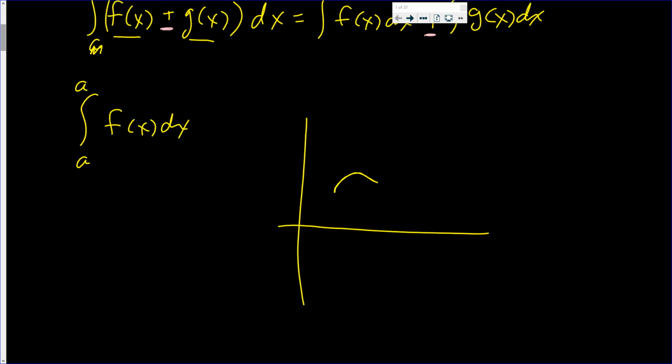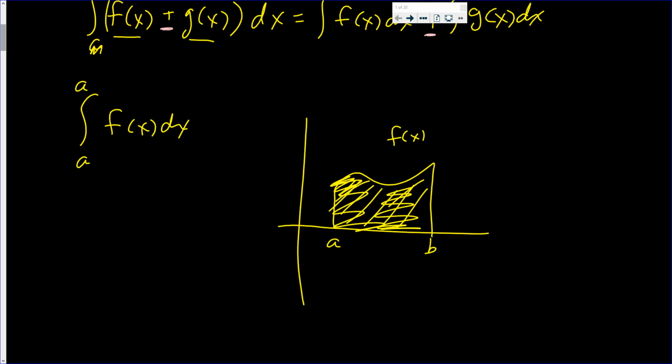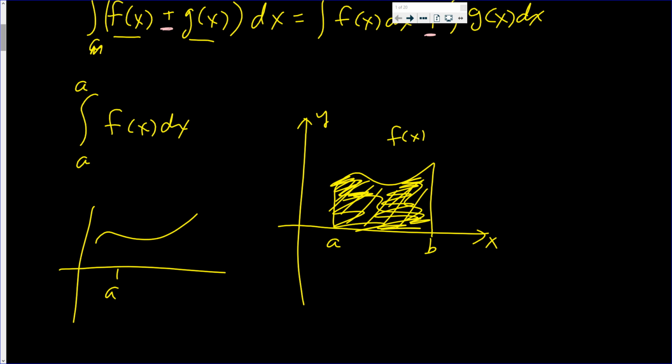If you have some function f of x and you're integrating from a to b, you will get how many square units are under the curve and the x-axis. But what if you were integrating from a to a?